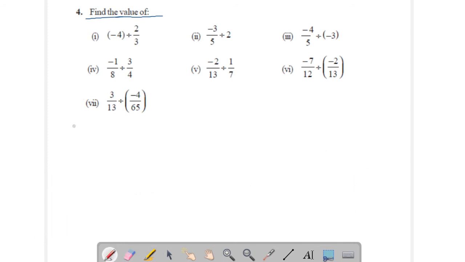Now come to fifth part. Minus 2 upon 13 divided by 1 upon 7. Here this can be written as minus 2 upon 13. Change division into multiplication. You have to take reciprocal of 1 upon 7. It is 7 upon 1.